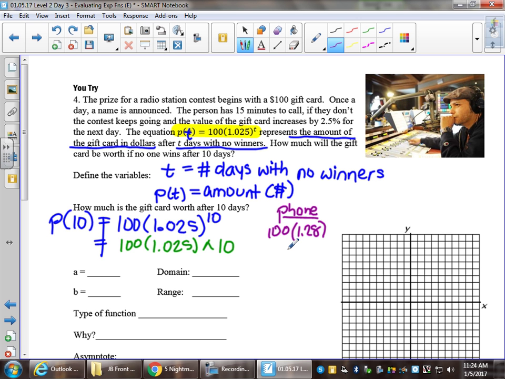What do you get? My calculator people, what did you get as an answer? Or was it exactly 128.008, so we'll round that to 128.01.